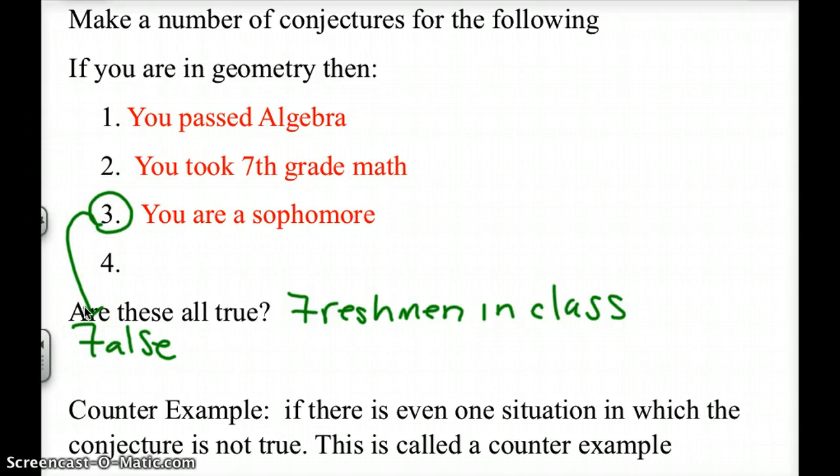Then you have to do what is called a counterexample. A counterexample is a situation where the conjecture is not true. So right now you're saying, hey, I have a freshman in my class. You need to give a specific example. So you need to name that freshman by name. So I'm going to use Tiana.